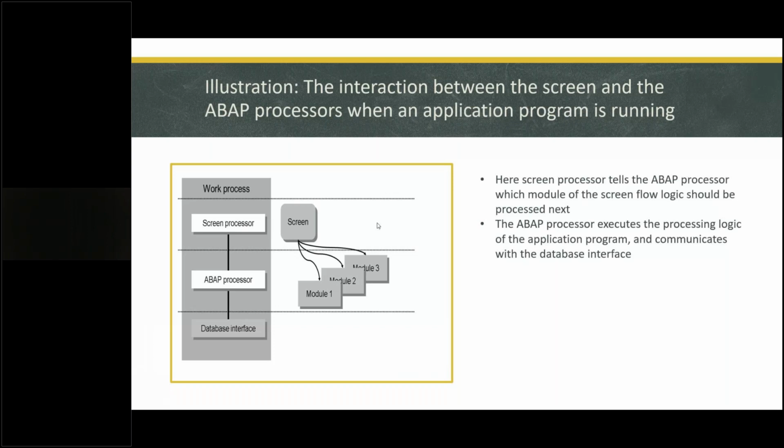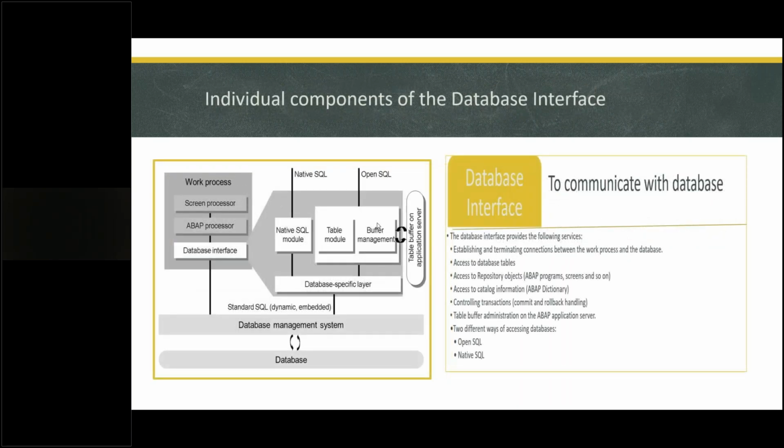Does it make sense, or do you have any questions? So in WebDynpro they don't have modules, they have methods? Yes, exactly. For that we need to understand object oriented ABAP, which is OOPS. For OOPS ABAP you will have a different training altogether.